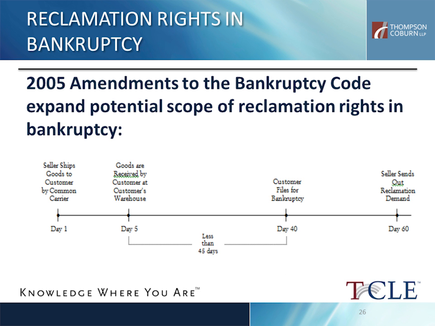Okay, we're going to talk about reclamation rights in bankruptcy. We spoke earlier about reclamation rights outside of bankruptcy. Now we're going to address the same topic in the context of a bankruptcy proceeding. Since its enactment in 1978, the Bankruptcy Code has recognized, subject to certain additional qualifications and requirements, state law rights of reclamation.